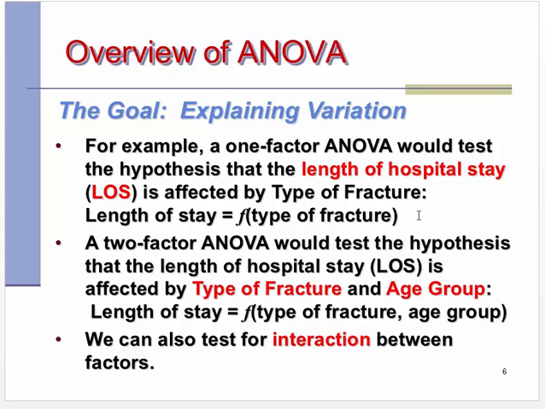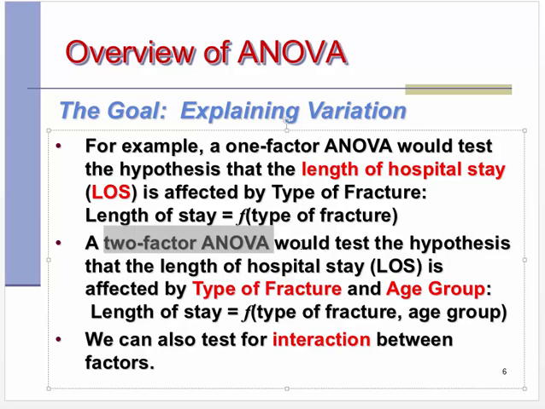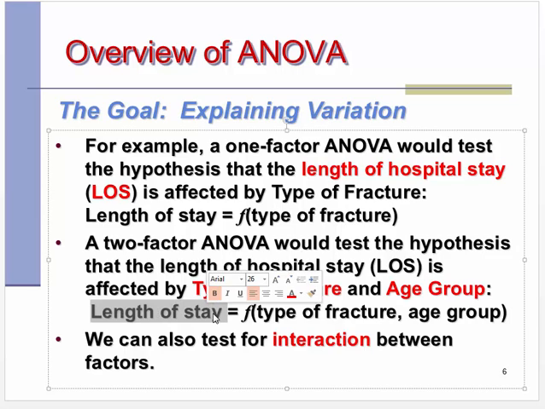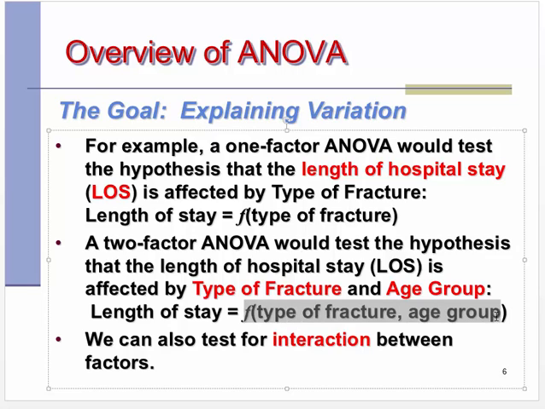Then we can also look at this through a two-factor ANOVA. That is, we can test the hypothesis that the length of hospital stay, or LOS, is affected by both type of fracture and age group. As we can imagine, maybe younger people will recover faster than older people. So the length of hospital stay is a function of two factors.